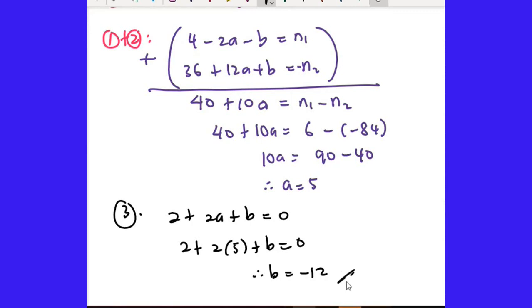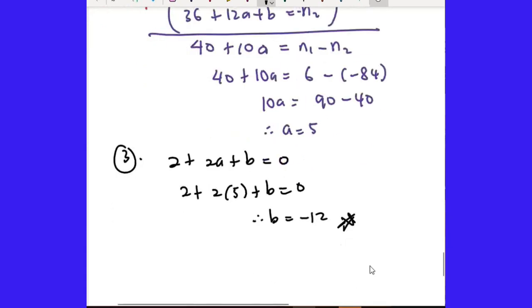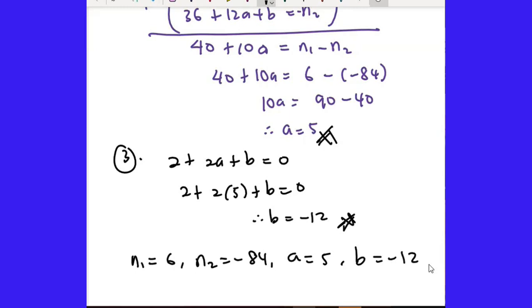So what did we get? N1 equals 6. N2 equals negative 84. A is equal to 5. B is equal to negative 12. And it's long. Okay? And settled.